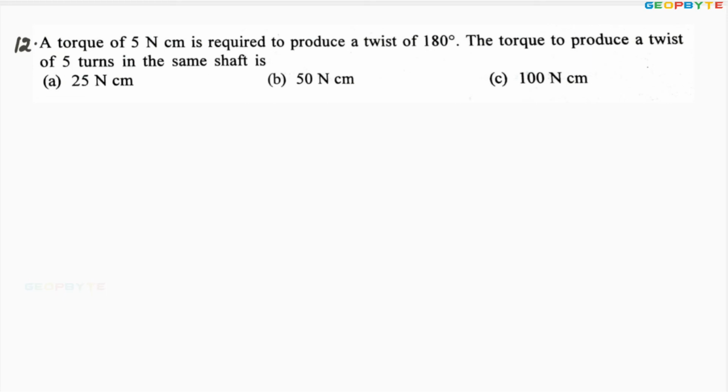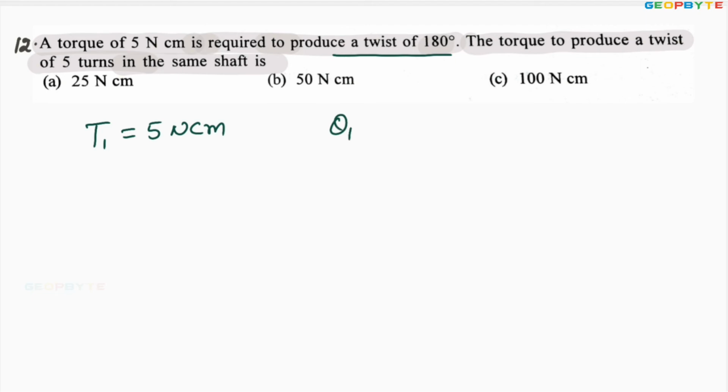Look at the 12th problem. A torque of 5 Newton centimeter is required to produce a twist of 180 degrees. The torque to produce a twist of 5 turns in the shaft is, the data is like this. The torque T1 is given 5 Newton centimeter with the angle of twist theta 1 equal to 180 degrees.